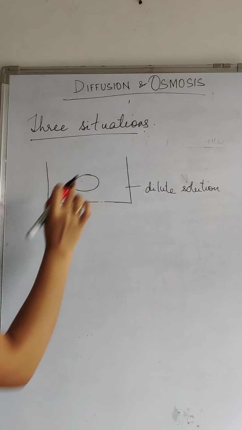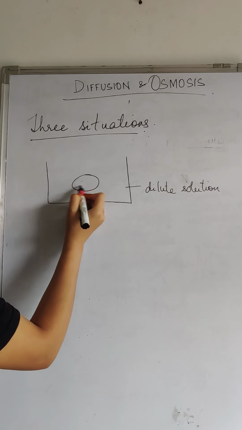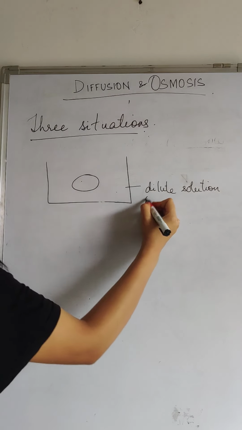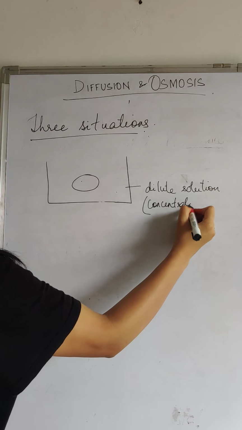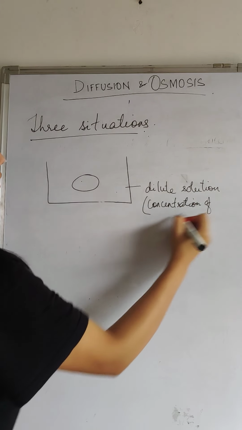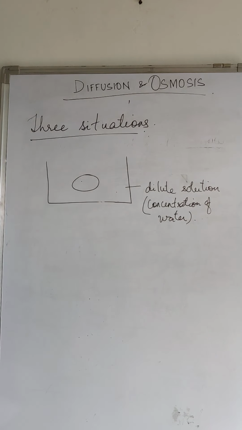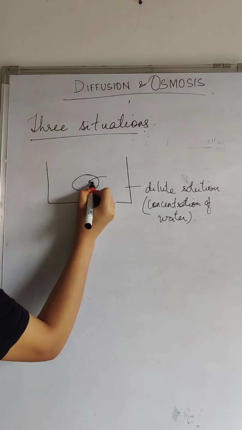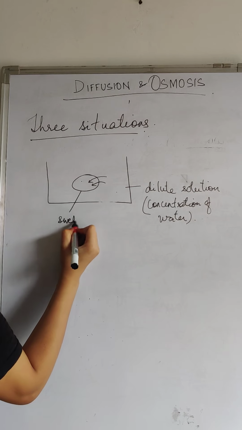Anyway, this is very dilute compared to the solution inside the cell. That means this has a high concentration of water, right? So what will happen here, where will the movement take place? From outside to the inside, and apparently the cell will start swelling, right?